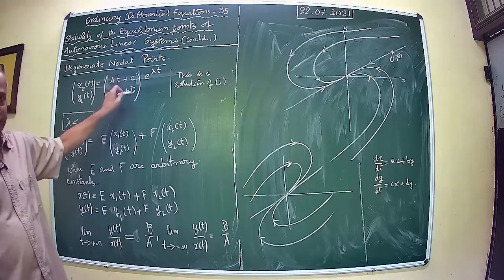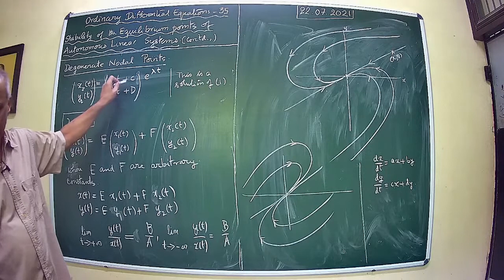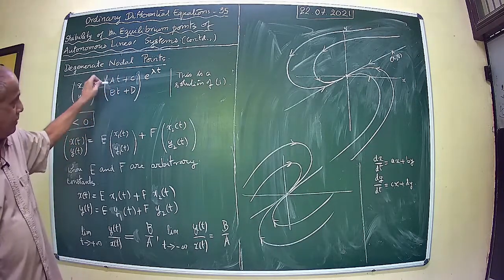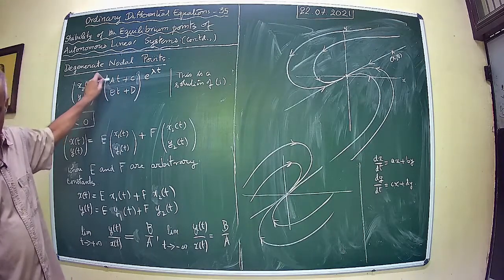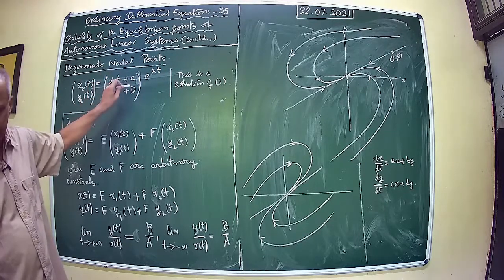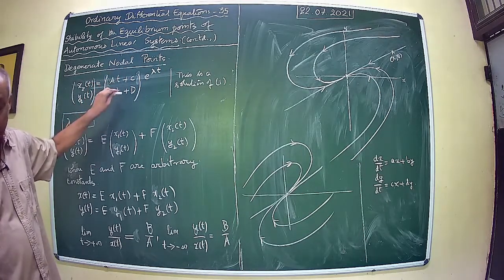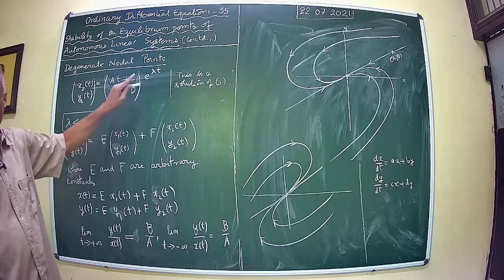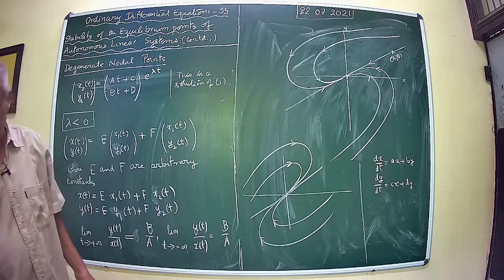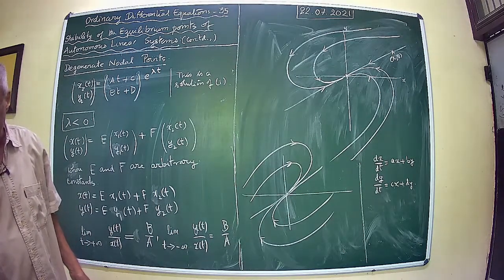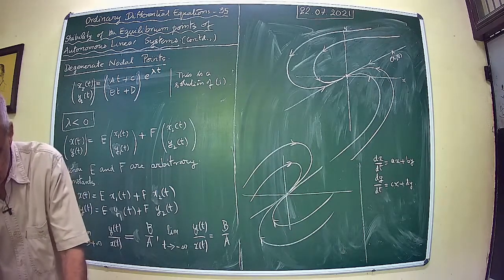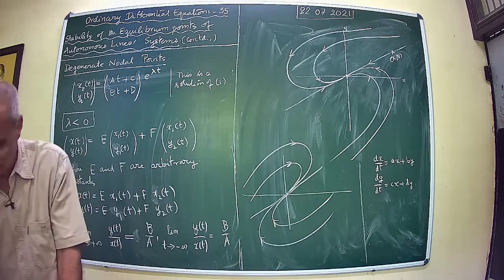This is A, B and C, D. You would have seen how you write down the second solution. But A and B will be the eigenvectors, the corresponding entries of the eigenvector. C and D will be some vector for which the square of the matrix will make it vanish. It is not the eigenvector. That vector will not play any role in drawing the picture. It has no role at all.